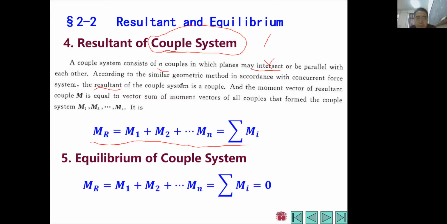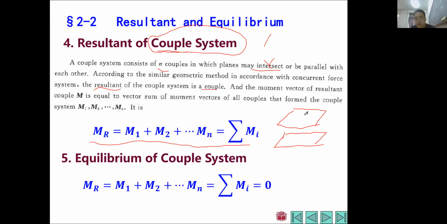So the resultant of a couple system is always another couple, and the moment vector of the resultant couple M is equal to the vector sum of moment vectors of all couples that form the couple system, M1, M2. You guys maybe cannot understand why it's so easy, because we see maybe all couples are in the same plane, or their action planes are parallel with each other.